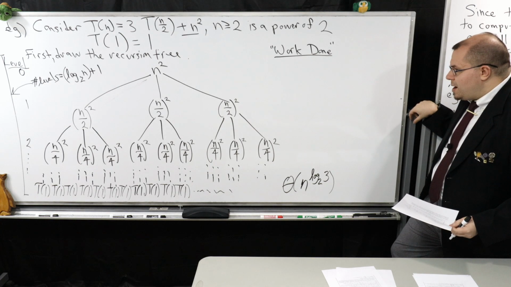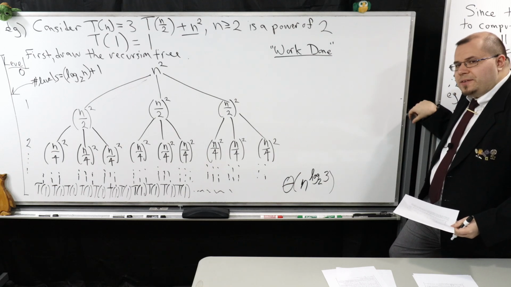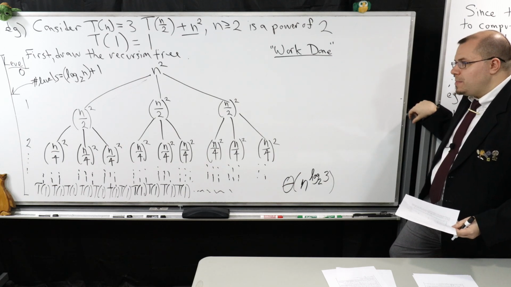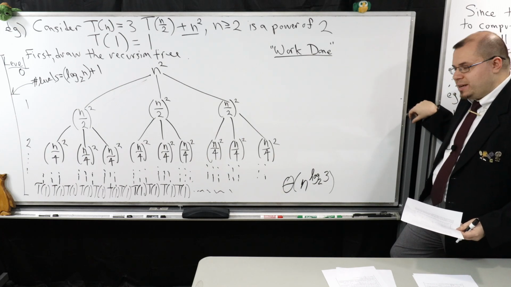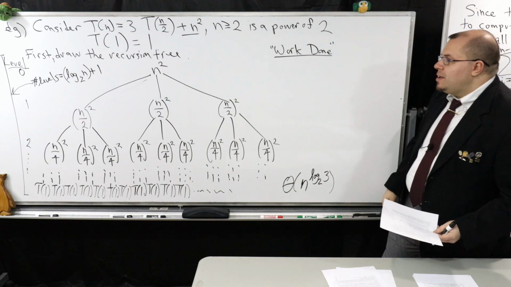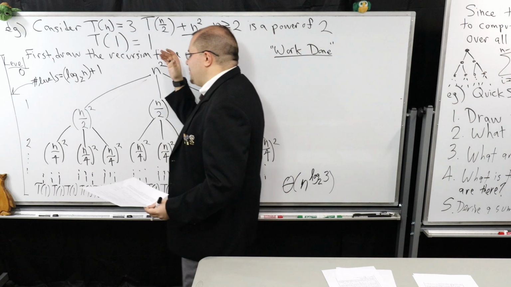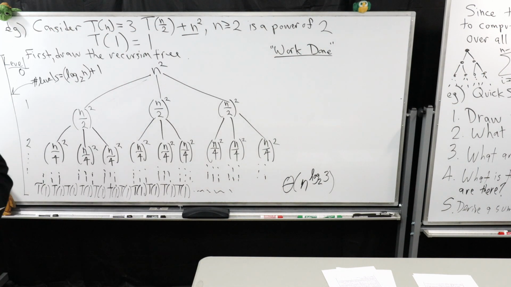Every single time I branch with a factor of 3, I need to know how many times this happens. And that actually depends on the height of the tree. So I imagine my n, and every time I'm repeatedly applying this multiplicative factor. But I'll let you think about that.